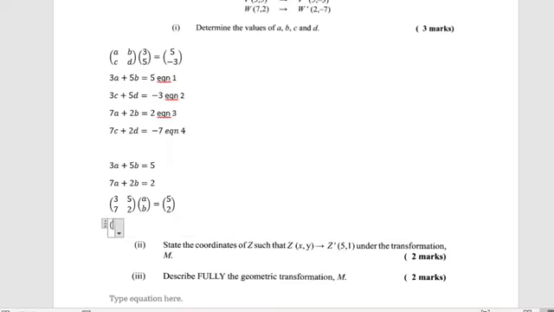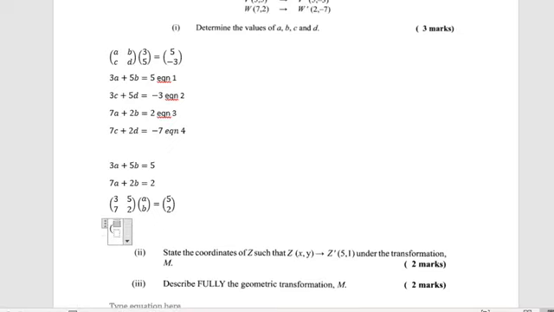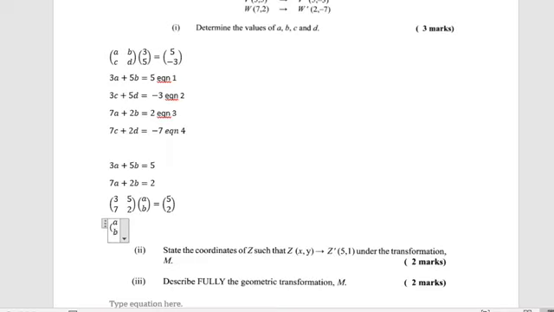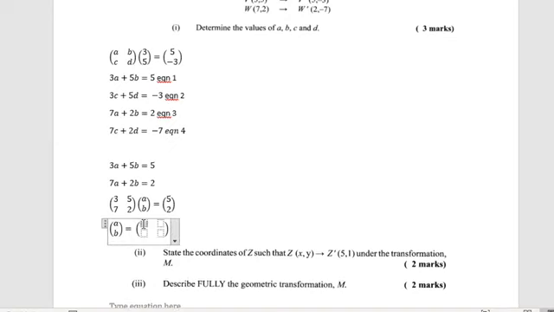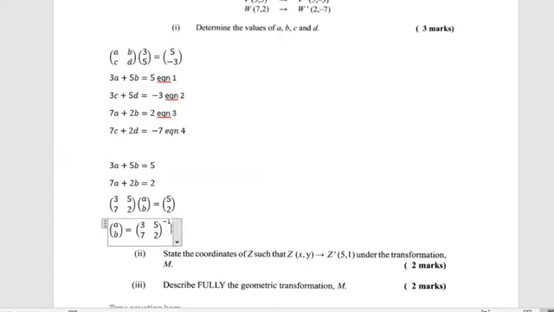So what we'll have is A B is equal to 3, 7, 2, 5, and this is multiplied by, so the inverse of that.